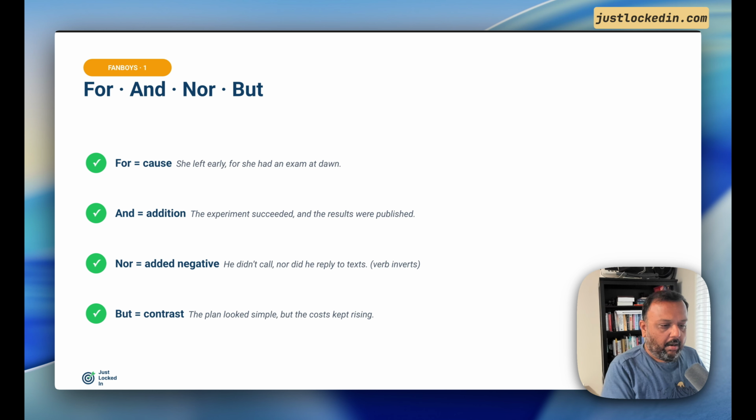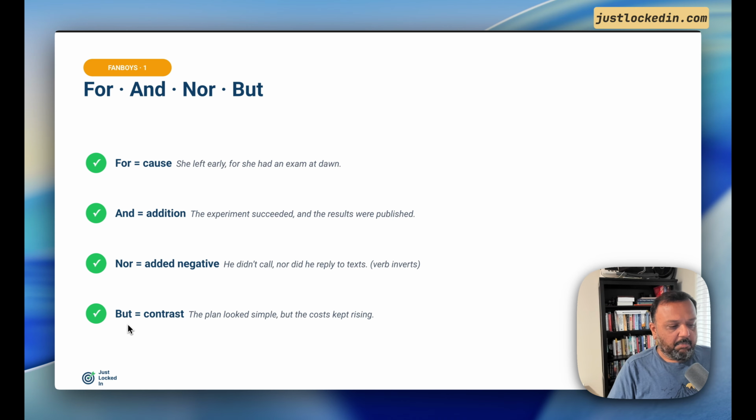He did not call and he did not reply to text. Therefore, when you join these two thoughts together, we say: he did not call, nor did he reply to text. So that's the use of nor. If you were to do this as two positives, then you would say he called and he replied to text. So this is two positives, while nor is specifically for connecting two negatives.